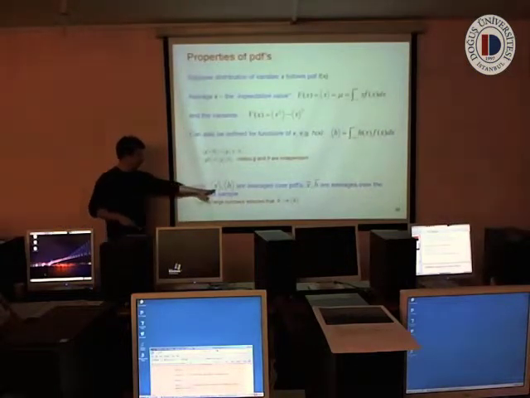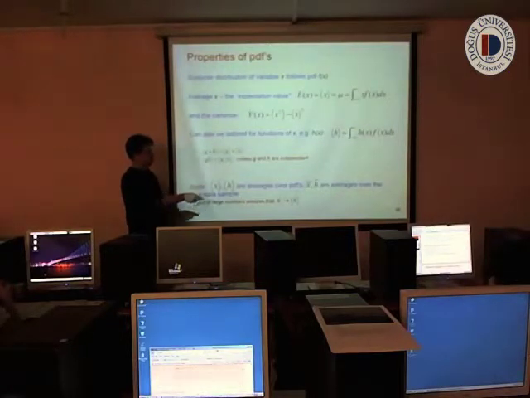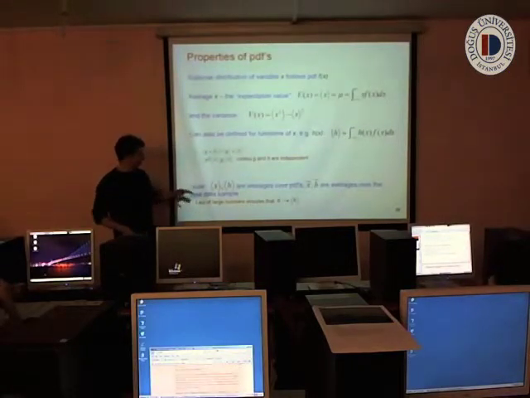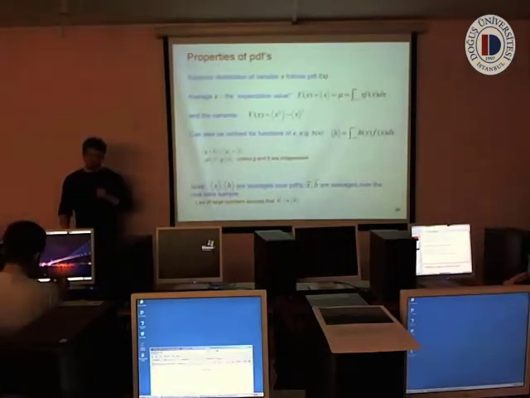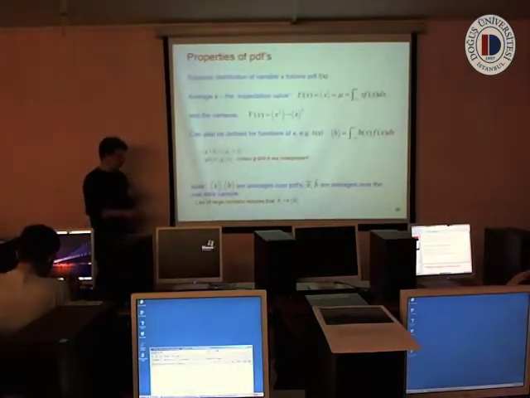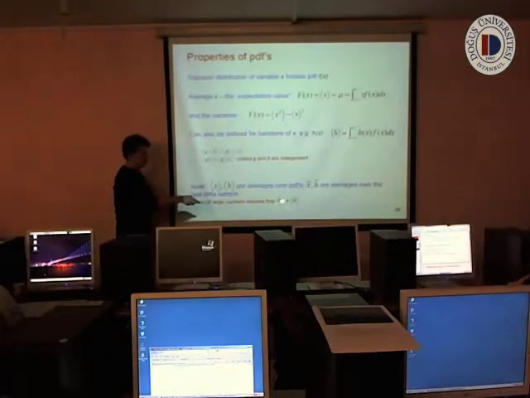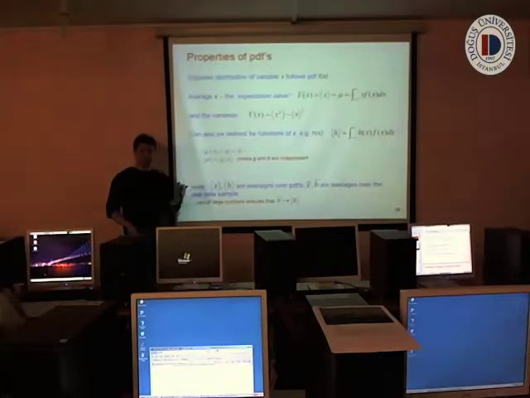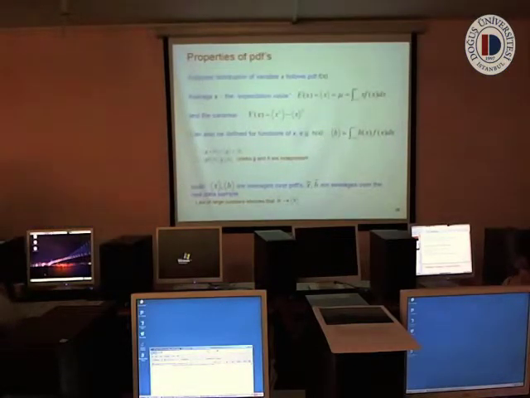I already said these are averages for the PDF. With the bar on top, we denote the average over a real data sample. And there's a law called the law of large numbers. If you have a very large data sample, then the mean of the data sample approaches the expectation value of the PDF.